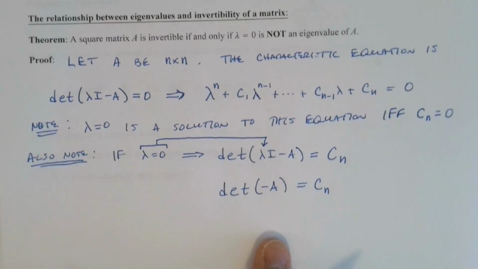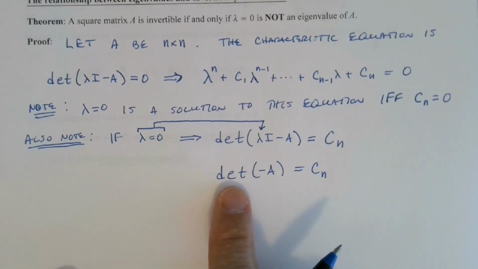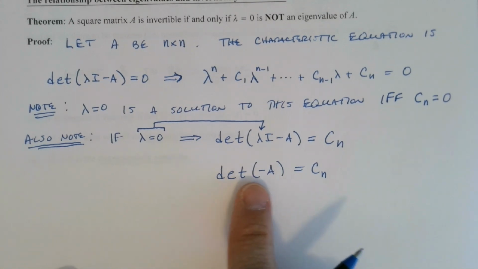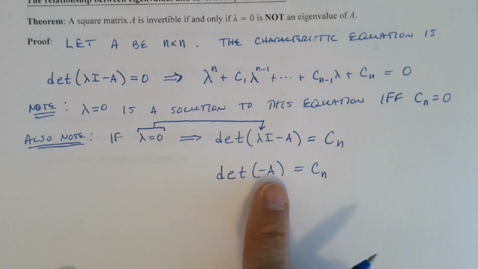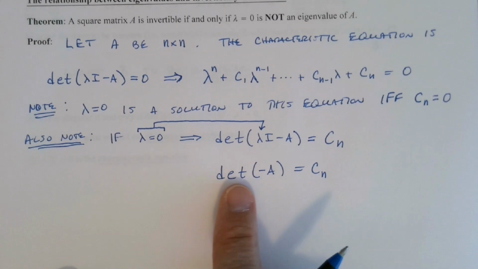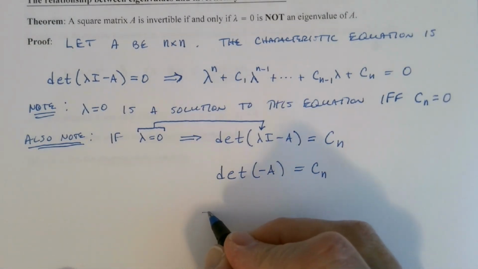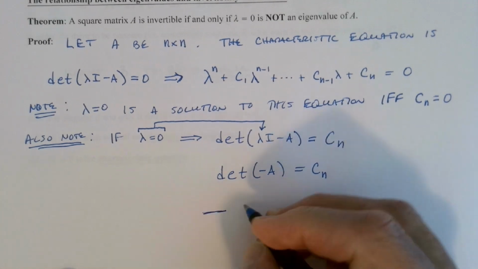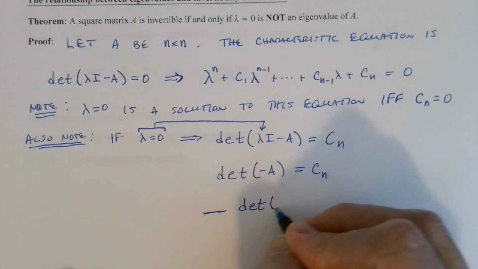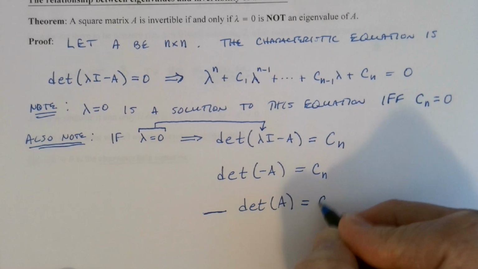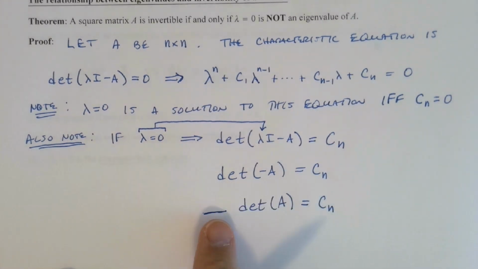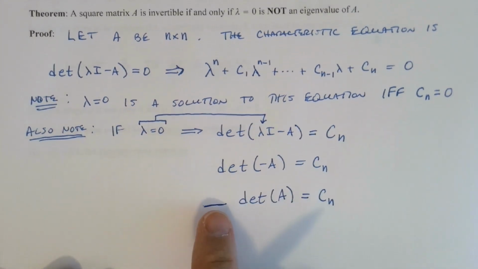Okay? And then I'm going to hopefully help you remember what we talked about back in chapter 2 about determinants. So the determinant of negative A is some quantity times the determinant of A. So what goes here?